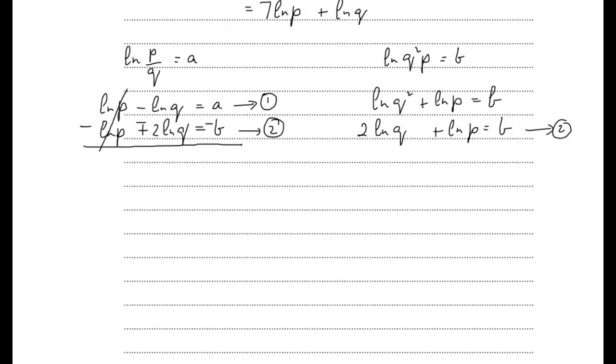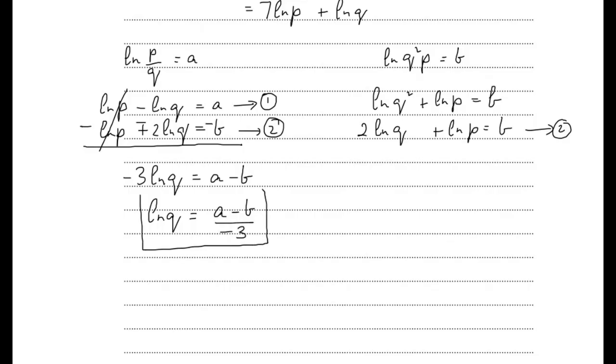Minus log q minus 2 log q is minus 3 log q is equal to a minus b. So I have log q equals a minus b by minus 3. I've expressed log q in terms of a and b.